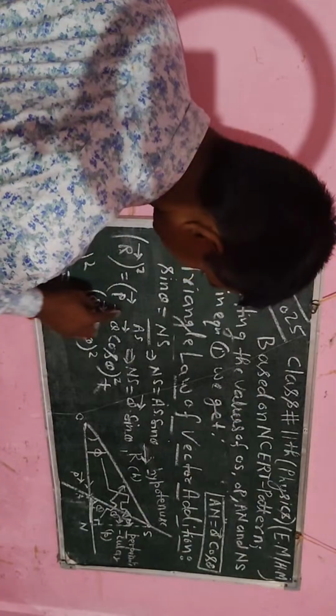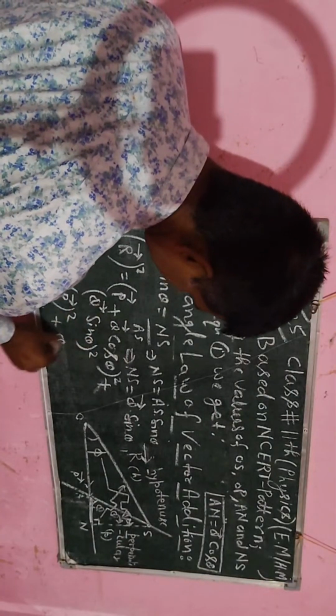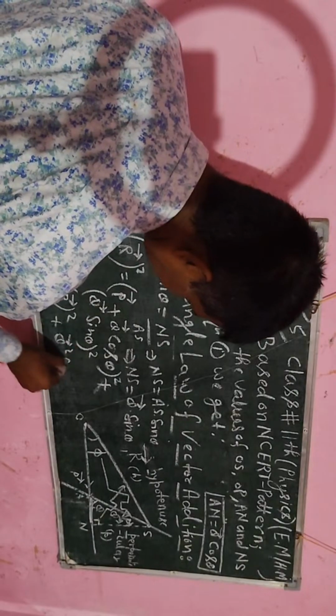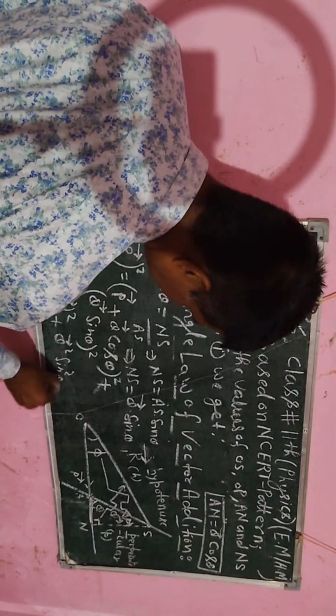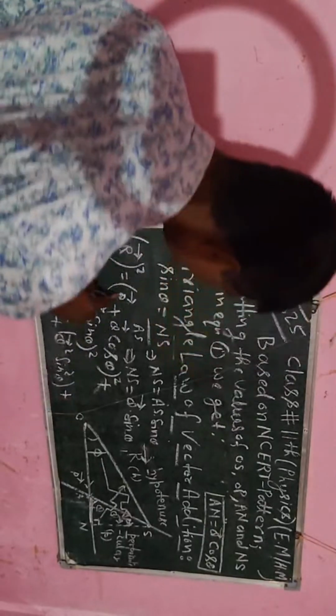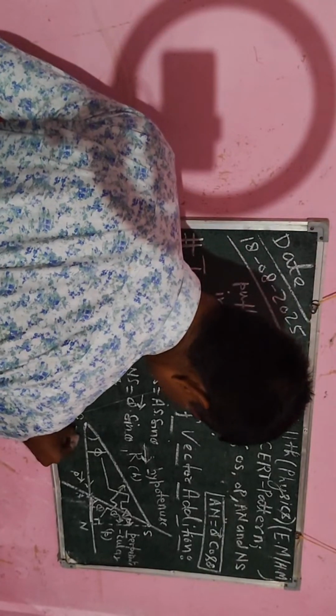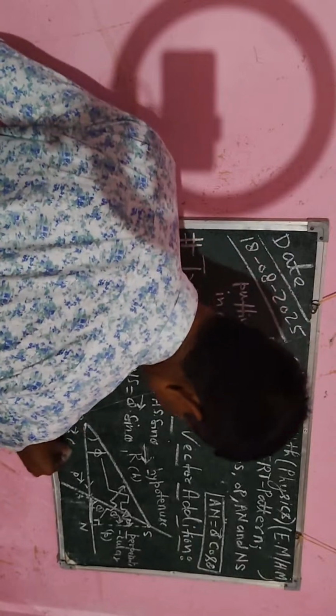So here I will write vector P square, vector Q square, sin square theta, and then plus 2AB. A means vector Q into cos theta.